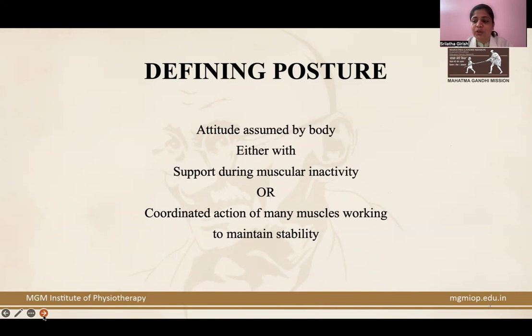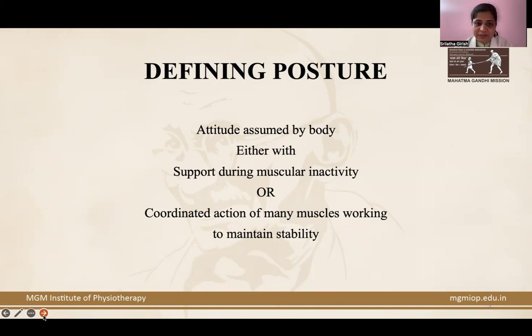Now, there are 2 important parts that you will have to consider while defining the posture. The first one is about how our body stays stable even when we are not moving much, like when we sit or when we stand still.